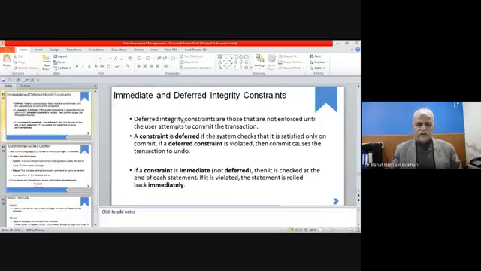Deferred integrity constraints are those that are not enforced until the user attempts to commit the transaction. A constraint is deferred if the system checks that it is satisfied only on commit.